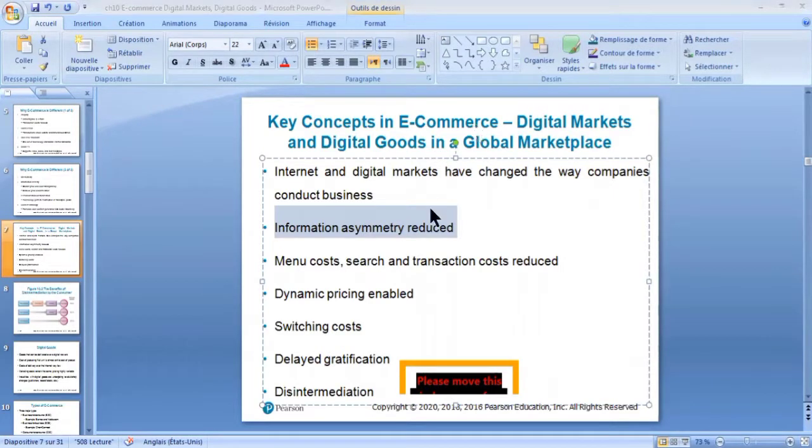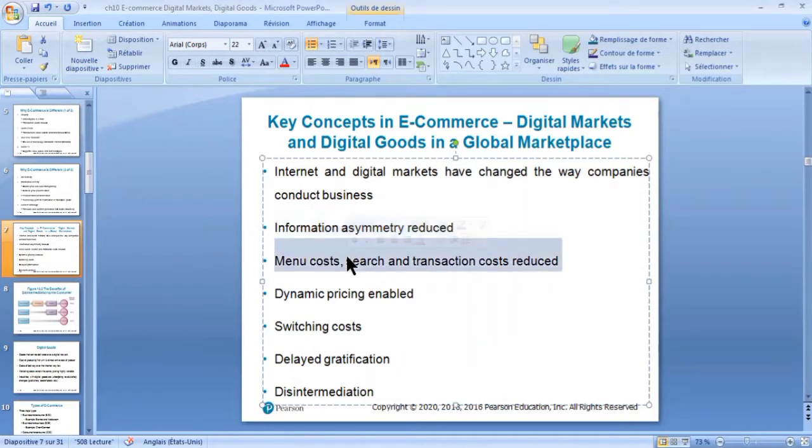Also, digital markets are flexible and they are efficient also because they operate with reduced search and transaction costs. Okay. Information search costs are almost zero. You have an internet connection, you find the information you need. Transaction costs are lower. There are no transportation costs, no inventory costs. Menu costs are lower. What do menu costs mean?